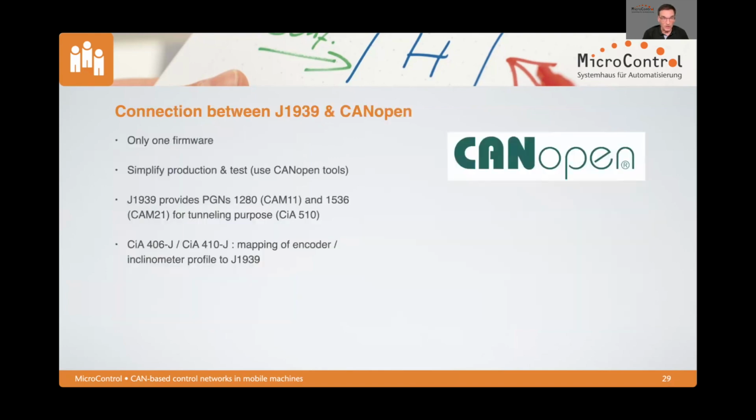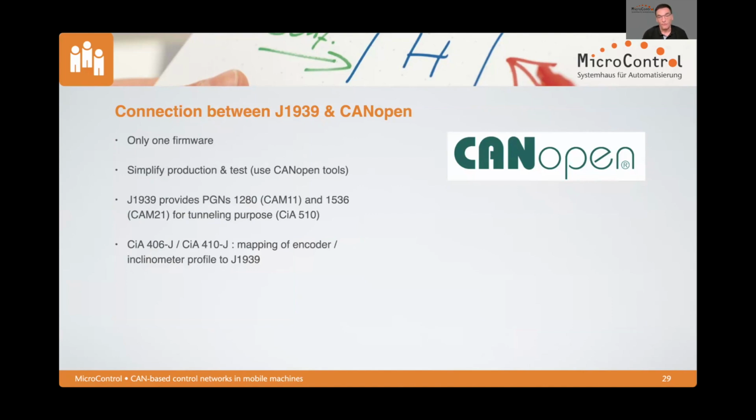There's also the possibility, if we now look at the device's point of view, to use J1939 and CANopen on pretty much the same CANopen device or CANopen node, or if you like the expression ECU, take it as an ECU. I take this expression in a similar way.